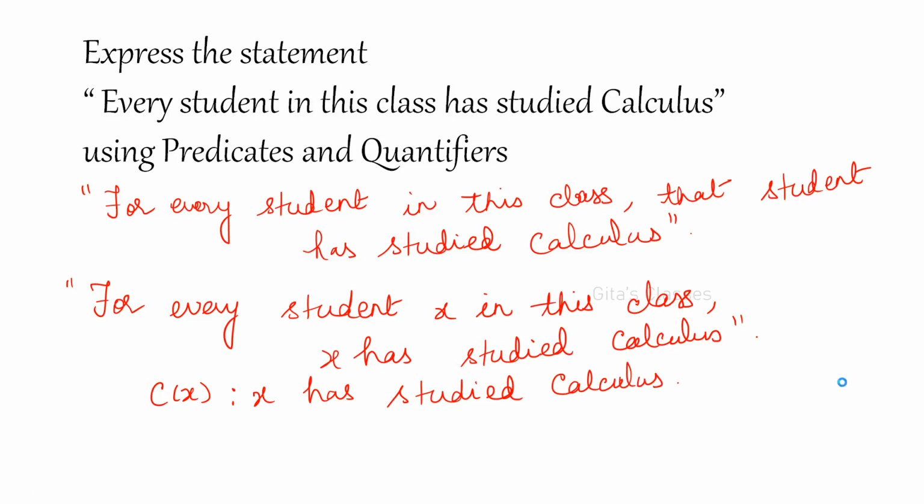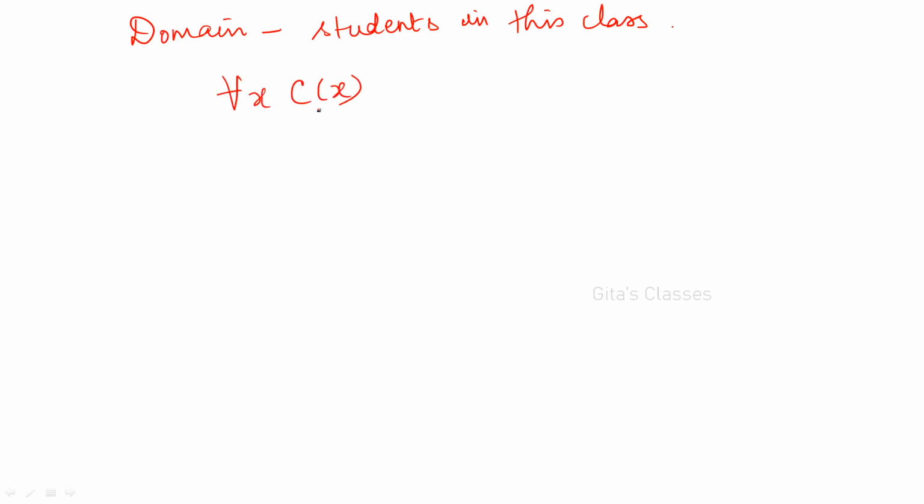If x is a student from this class, we consider the domain of discourse as the students in this class. Then we can write for all x, C(x), right?